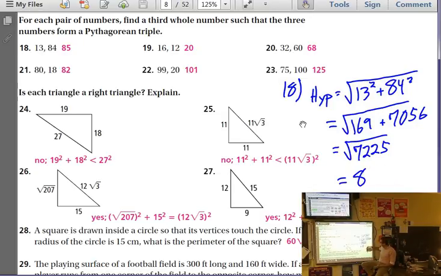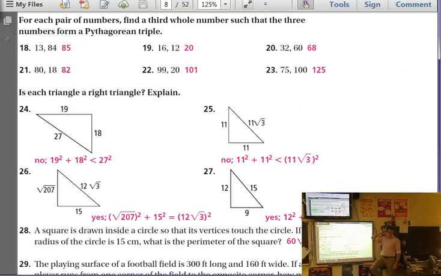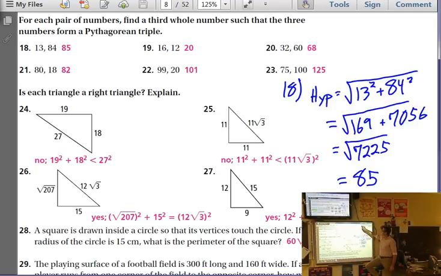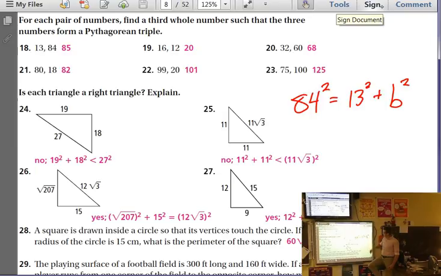Now, if I had thought that 84 was the hypotenuse, and I tried to solve for the long leg, I would set up 84 squared is equal to your 13 squared plus something squared.